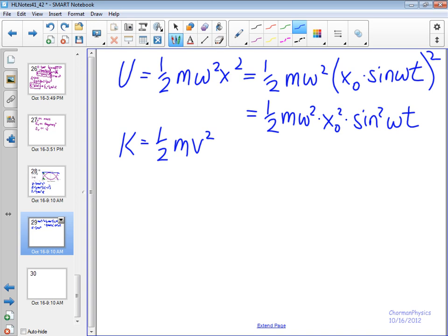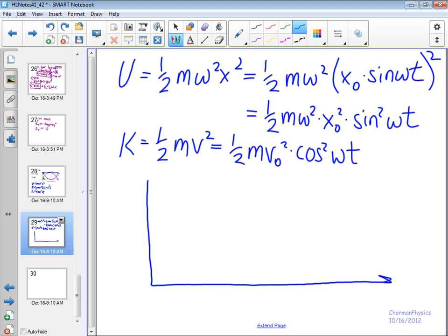And then we can do the same thing with the kinetic energy, so we just need 1/2 mv squared here. And when we do that, we end up with 1/2 m v naught squared times cos squared omega t.